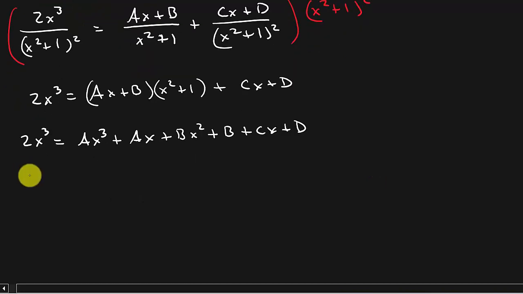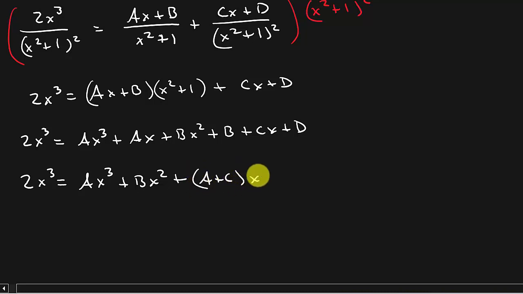All right, so that's going to be 2x cubed equals ax cubed plus bx squared plus a plus c times x, and then plus b plus d.